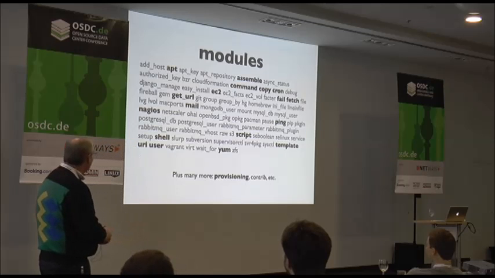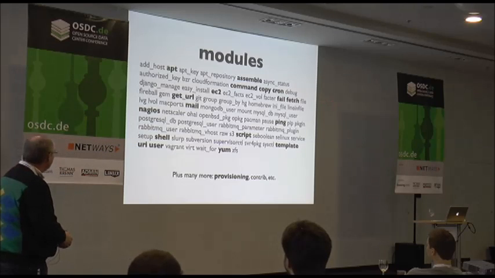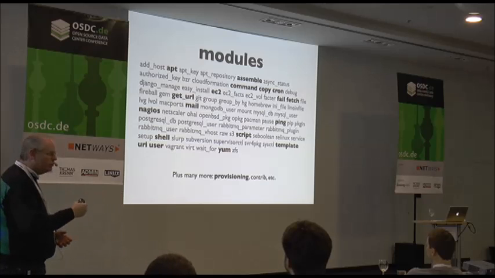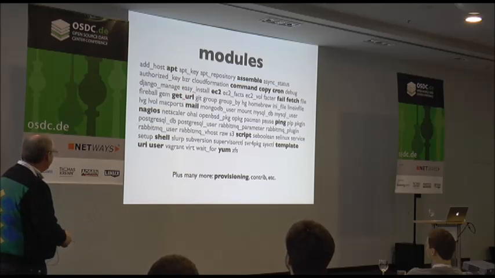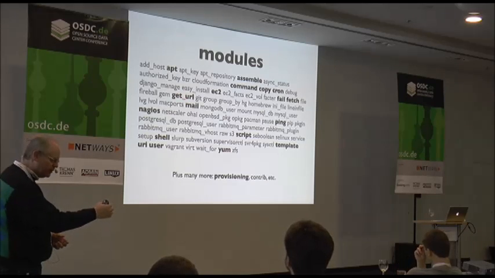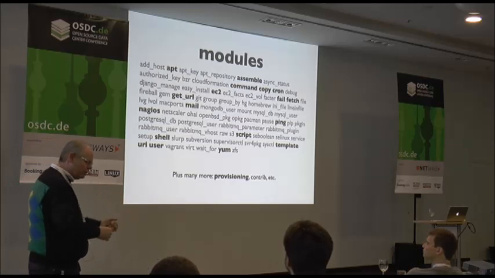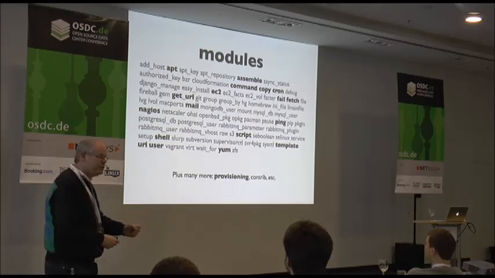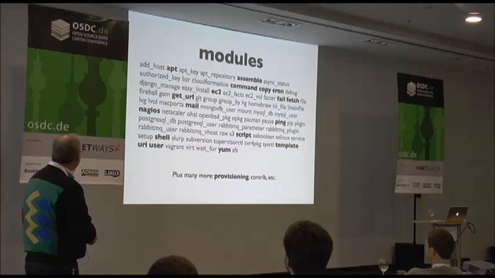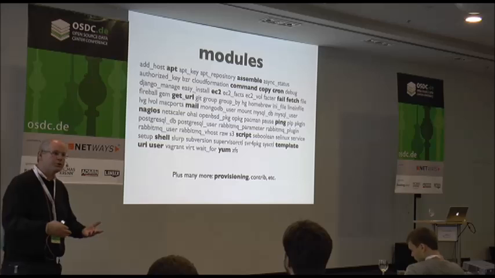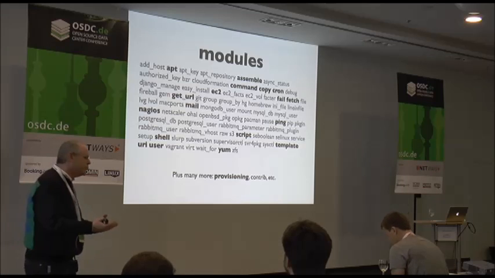No? We have fetch, which retrieves a file or a tree of files. Get URL, which I happen to have written, tells the remote system to get an FTP or an HTTP resource. Similar, the URI module, which should be somewhere here. Yeah, there. User, to create or remove users. Groups, you can add, remove groups.